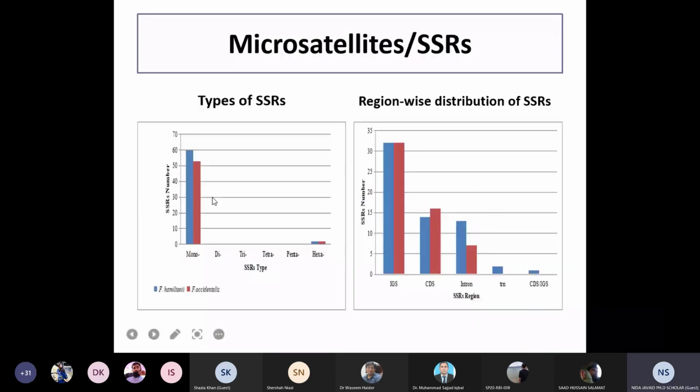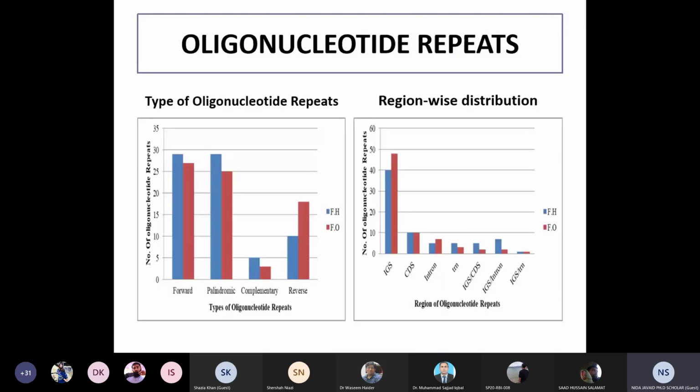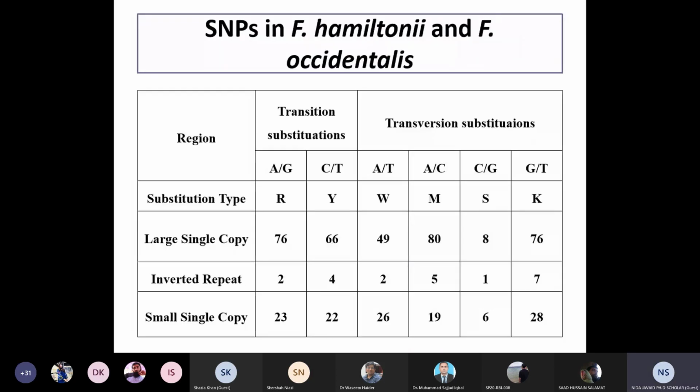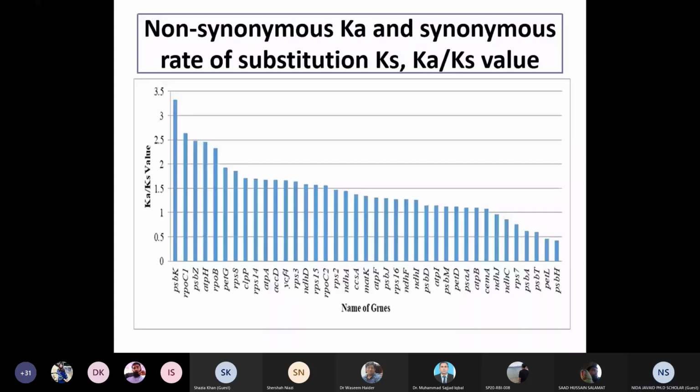For microsatellites, simple sequence repeats, mono repeats were most common in both. The region-wise distribution is also similar in both species. Oligonucleotide repeats are the same in both species. The transversion ratio was observed in both species, and it was higher than the transition substitutions.